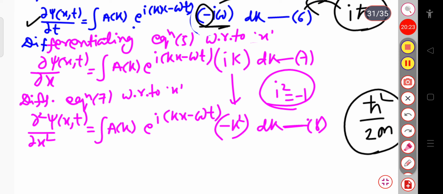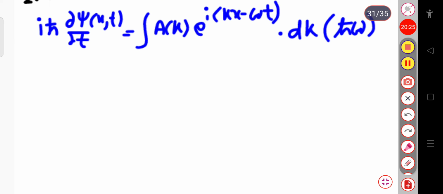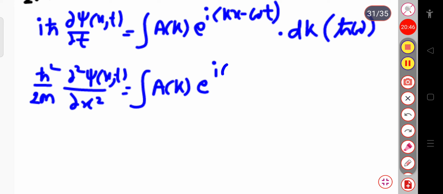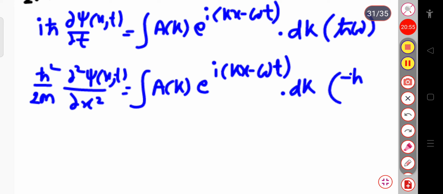So the second equation will be ħ²/2m ∂²ψ(x,t)/∂x² equal to the integration over a(k) exp(i(kx − ωt)) dk, and again the term that is minus ħ²k²/2m.